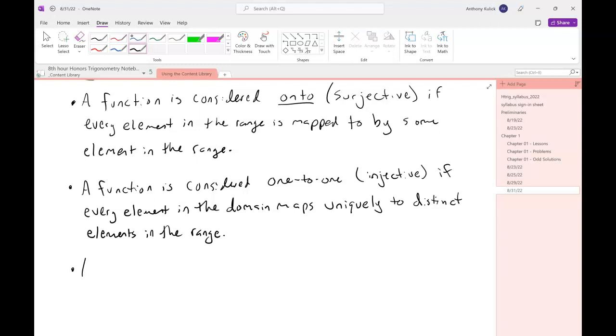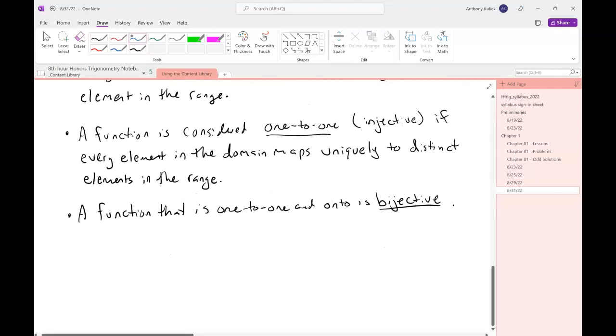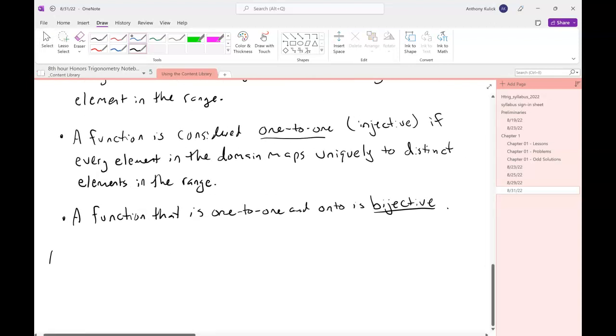And then we say that a function that is one-to-one and onto is bijective. And that was the term that we needed.